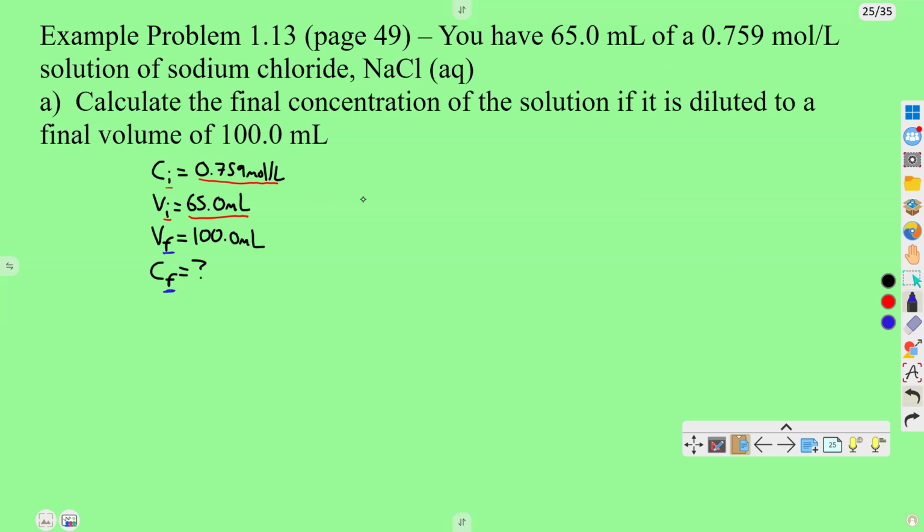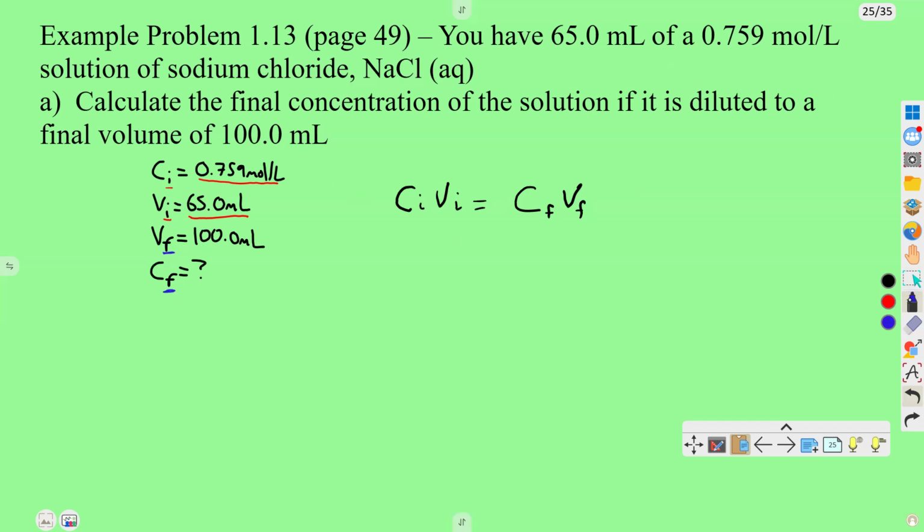You look at your data booklet on page 10, and you will see this fun little formula here. That's the initial concentration times the initial volume is equal to the final concentration times the final volume.